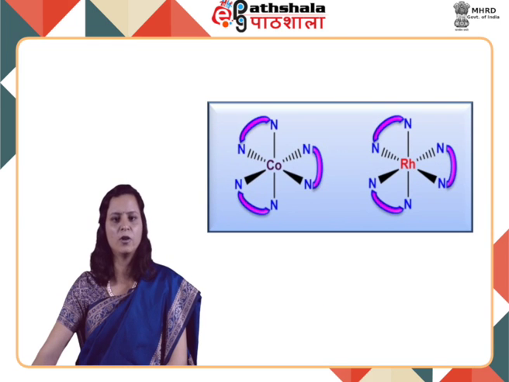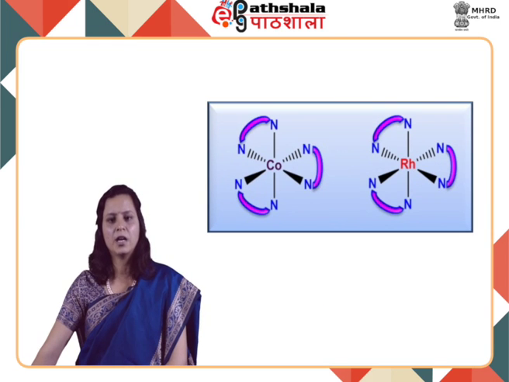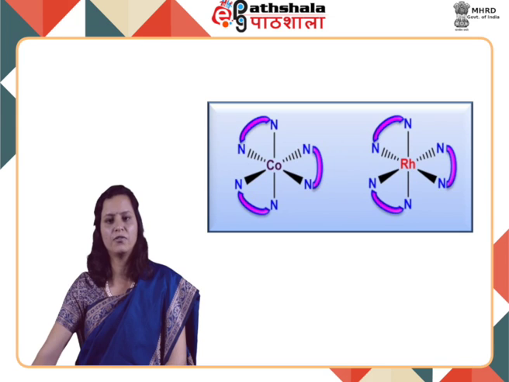This method of naming complexes is not found to be appropriate because when the optical activity of the tris(1,2-diaminoethane) M(III) complexes, where M can be rhodium(III) and cobalt(III), was measured at the sodium D line, that is 589 nanometer, they rotate the plane polarized light in opposite directions. However, they have the identical absolute configuration.